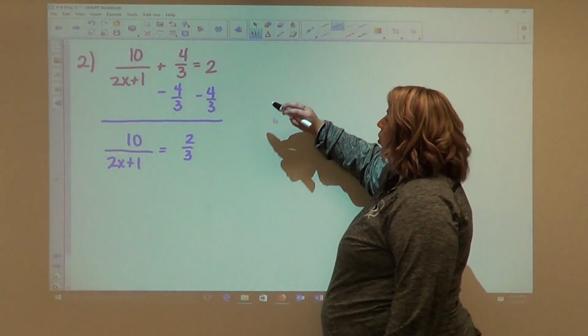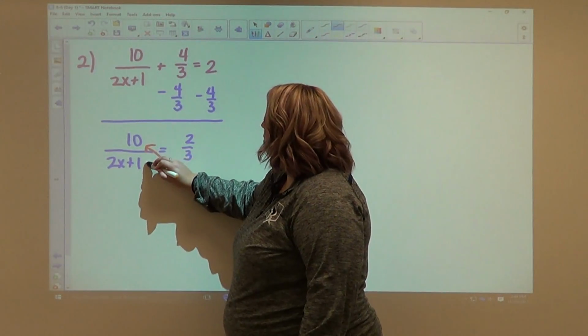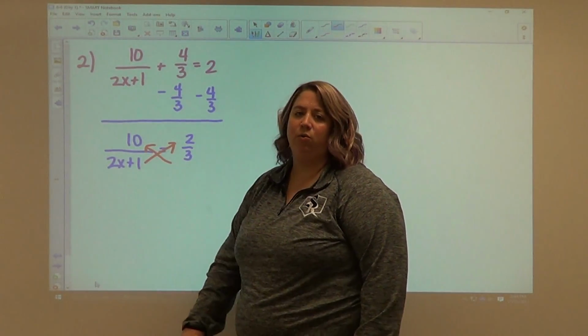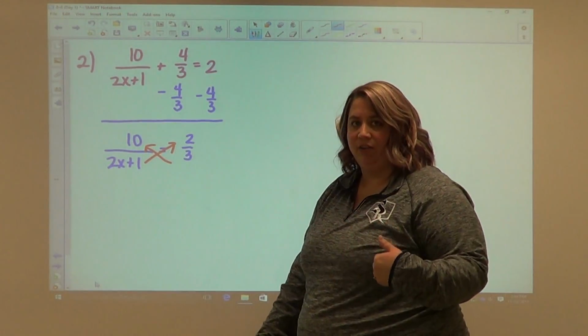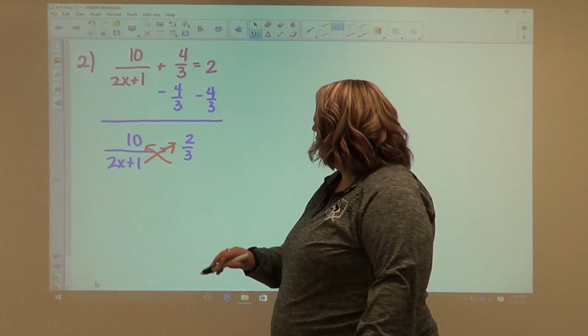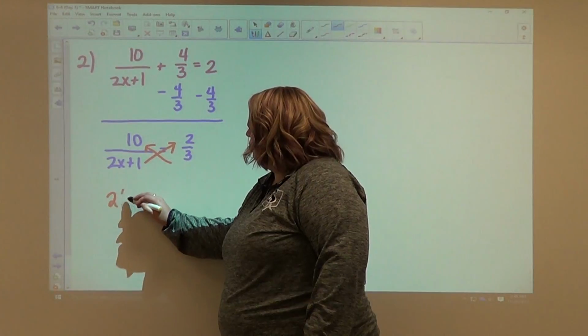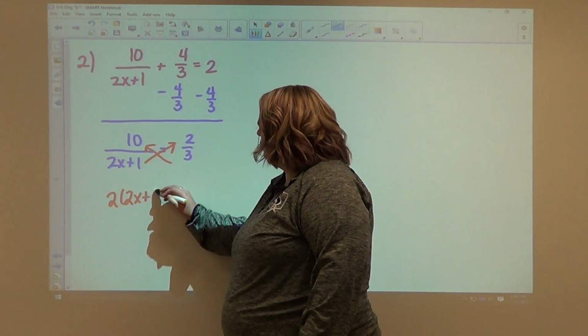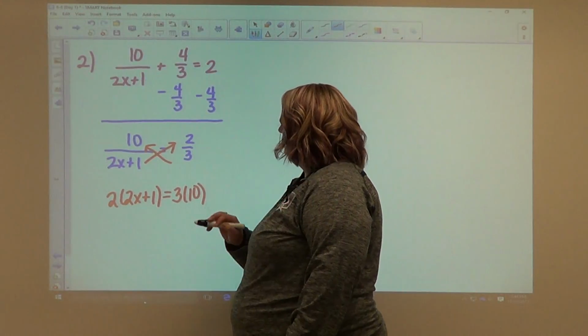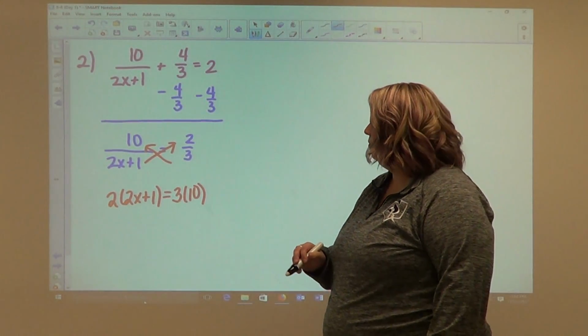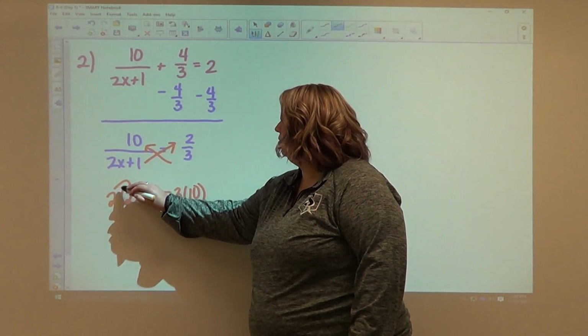Okay, then I would cross multiply. And when you cross multiply, it doesn't matter which part you put first. Just make sure that you're multiplying diagonally. That's what cross multiplying means. So I would have 2 times 2x plus 1 equals 3 times 10. Okay, I would distribute.